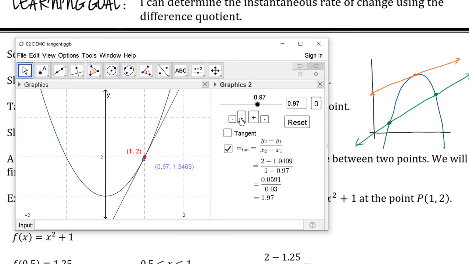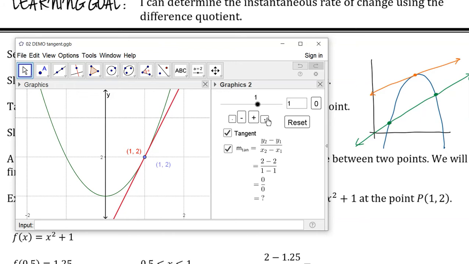Watch what happens. If I reset, I'm at 1.5. There's the tangent line. The slopes don't look anything alike. Do you agree? As I approach, my slope was 1.5. Now it's 1.6, 1.7, 1.8, 1.9. You can still see a gap there. Closer, closer: 1.94, 1.95, 1.96, 1.97, 1.98, 1.99. Oh, darn it.